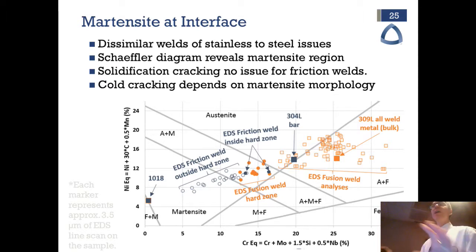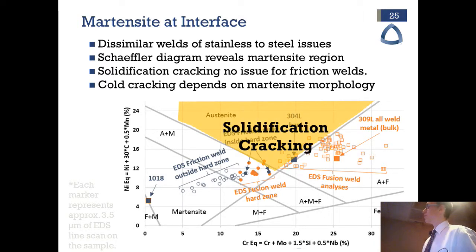There's no segregation in a solid state weld, so that's why there's a straight line here, not as much of a shotgun plot.